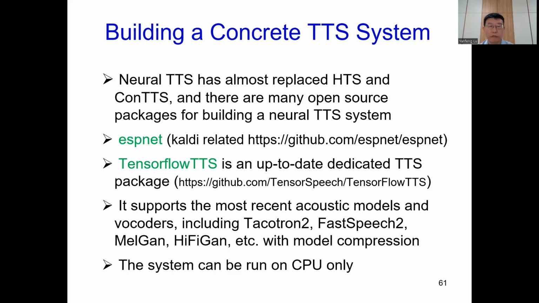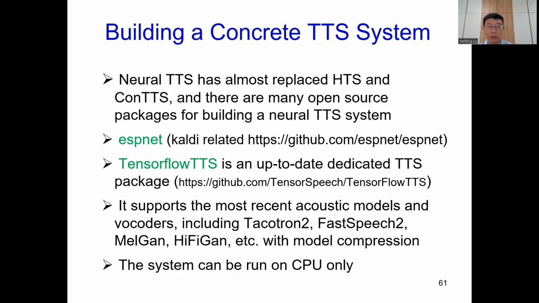So if you want a very comprehensive package, you can try ESPnet. But if you want to focus on TTS, TensorFlow TTS is a better choice. TensorFlow TTS is also up-to-date, but it's dedicated to TTS, so it can only build TTS systems.